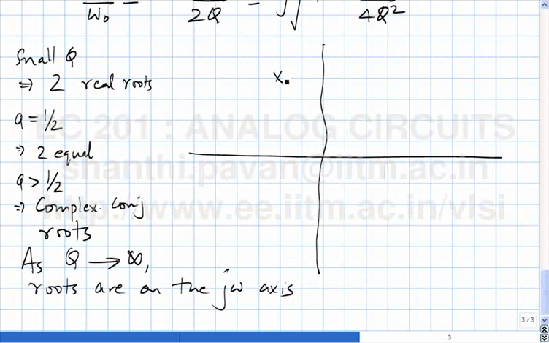So in general, if I had a Q greater than half, the roots would be complex conjugate in this fashion, and the abscissa would be 1 over 2Q, this distance, and this distance would be square root of 1 minus 1 by 4Q square.